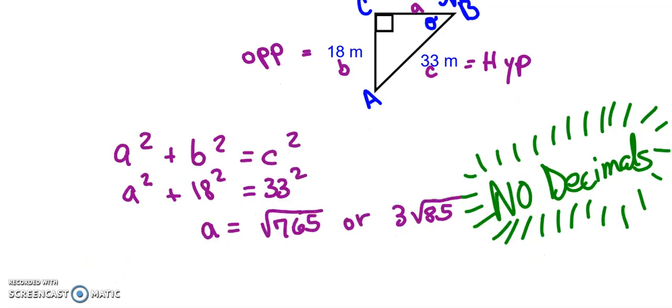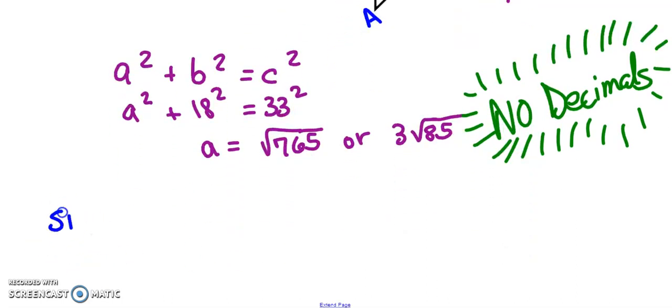So now we can do SOH CAH TOA. We can do sine of angle B, which is theta. So we know that again is opposite over hypotenuse. The opposite side here is 18, your hypotenuse is 33, and let's reduce that down to 6 over 11.